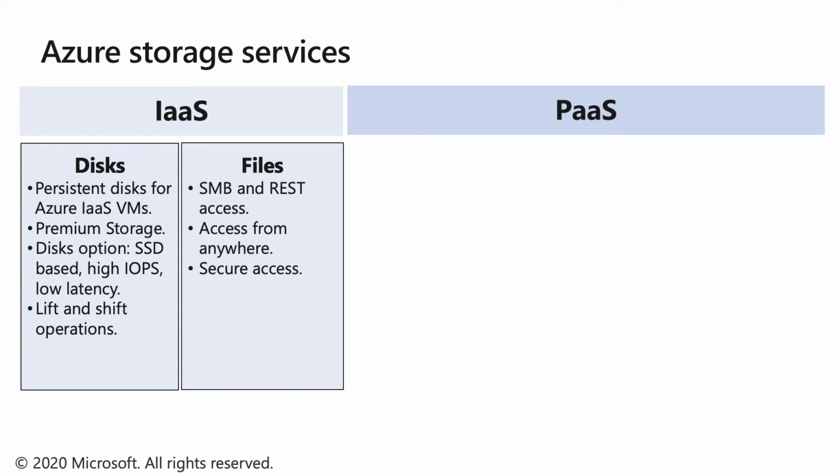Premium storage is available, and the disk option might be SSD or solid state drive based, high IOPS and low latency, i.e. very quick and powerful machines for doing lift and shift operations, moving stuff, doing heavy computes quickly. In terms of files, you've got access to the REST API and SMB as well. Feel free to Google any of these acronyms, break them down in your notes and make sure that you remember them later. You've got access from anywhere in a secure way.